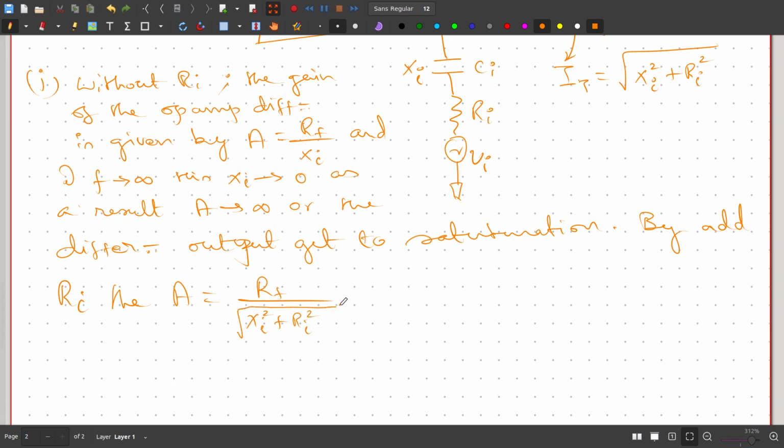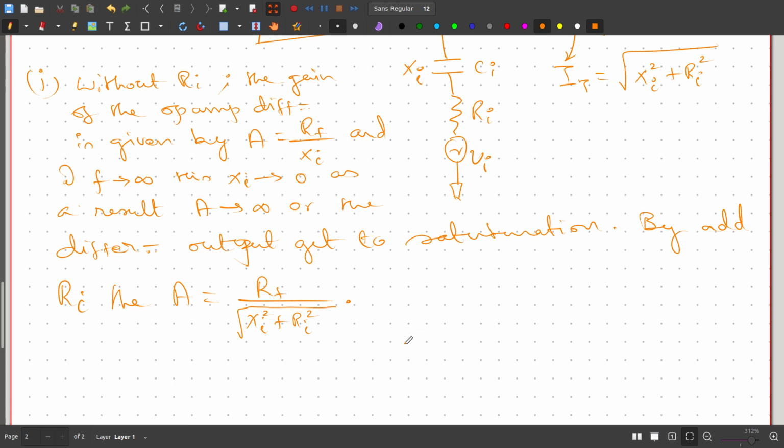So even though this Xi tends to 0 at high frequency, this Ri remains constant. As a result, the gain of the op-amp is large but finite, and therefore the differentiator does not go to saturation. Instead it works below the saturation point. That's the important thing.